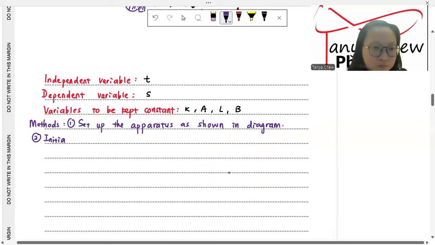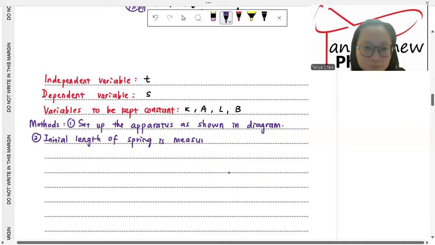Initial length of spring. Please suggest the apparatus. The initial length of the spring is measured by meter rule. I use a meter rule to measure the initial length of the spring.